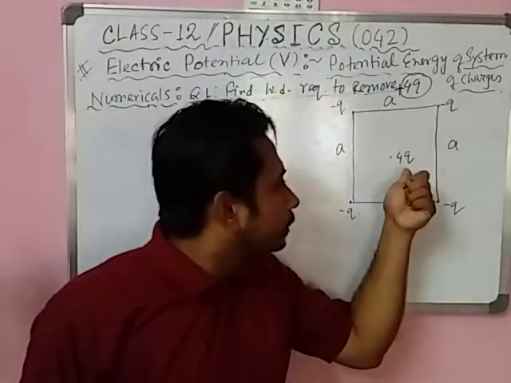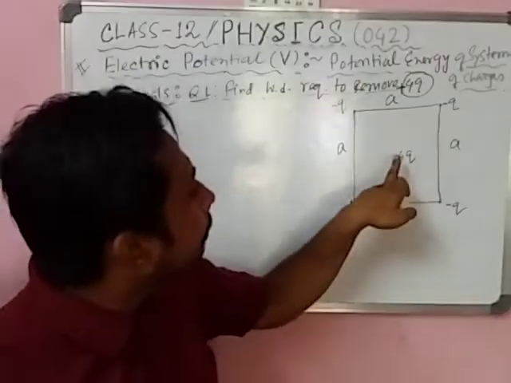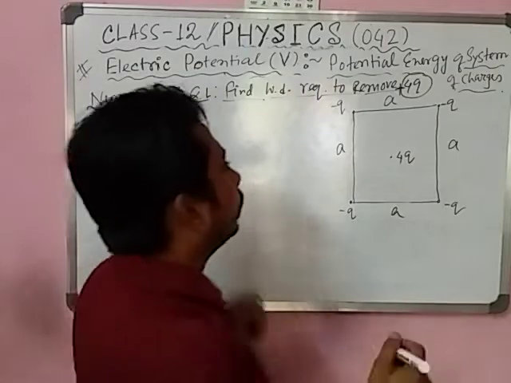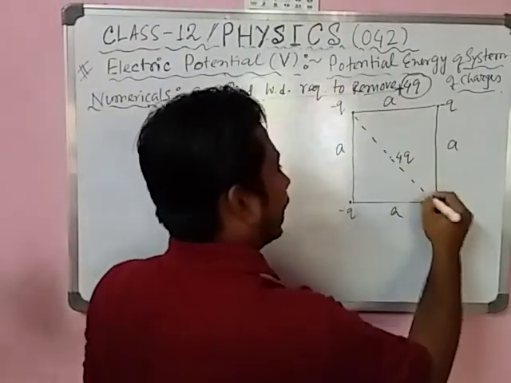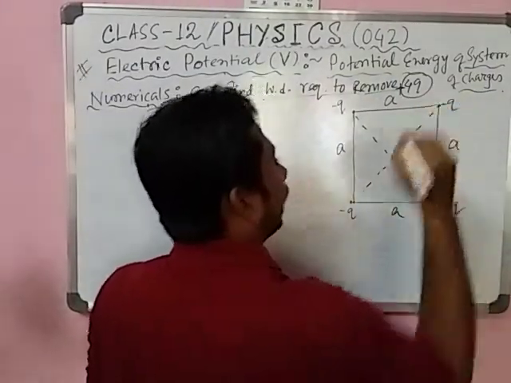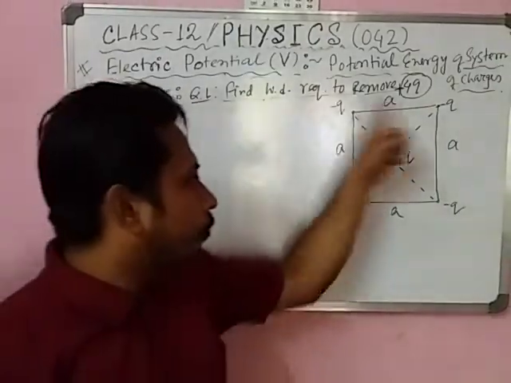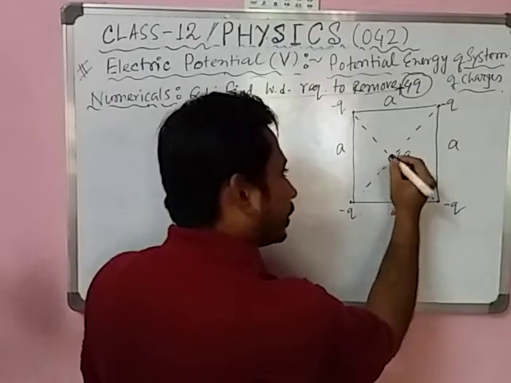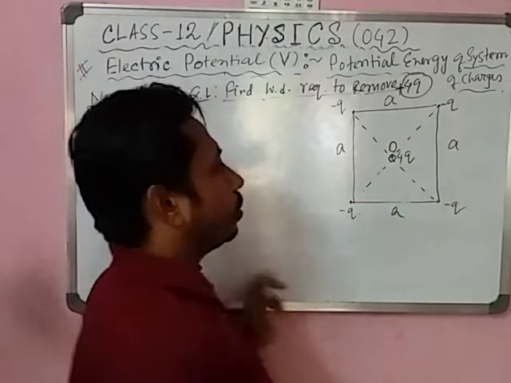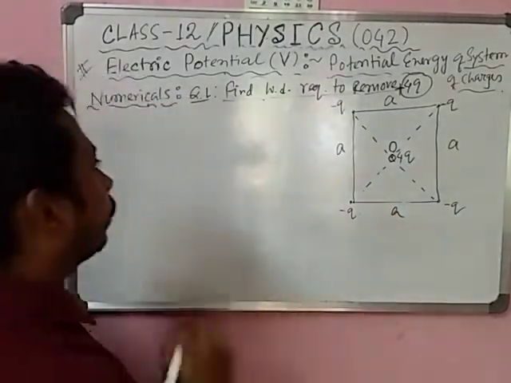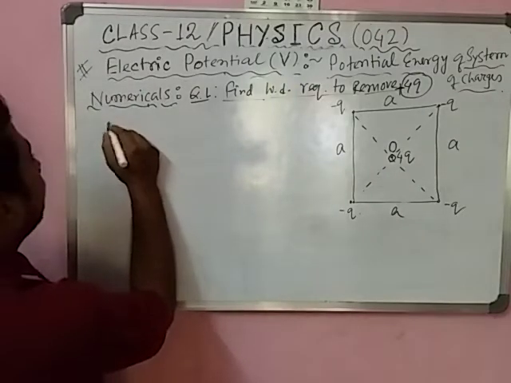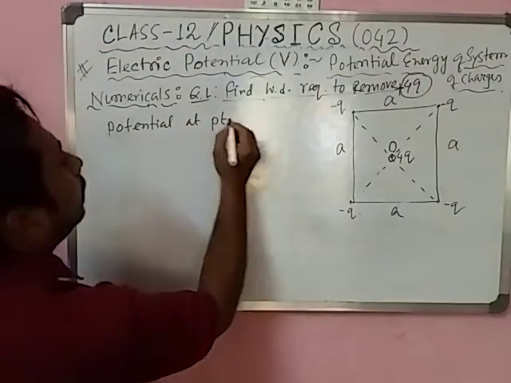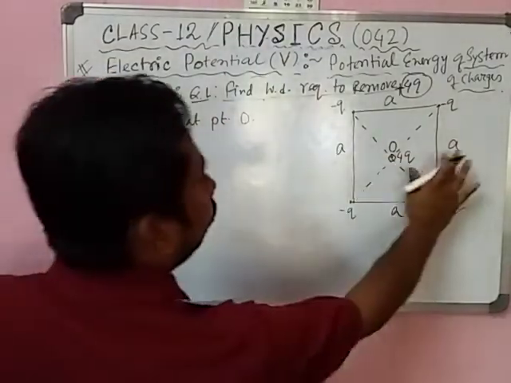First of all, see this 4q charge placed at the center of the square. So first you have to join the diagonal and think, if there are 4 charges present, then what will be the potential at the point O, the center, where the 4q is situated. So first of all, find the potential at point O. Think there is no 4q.